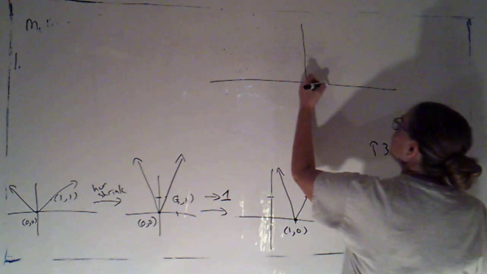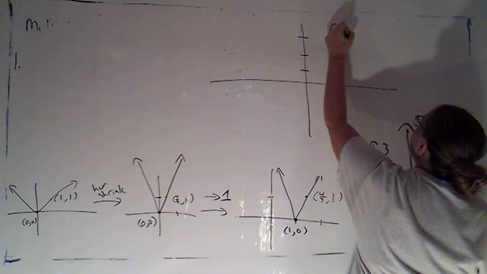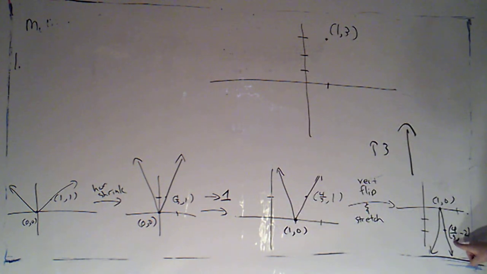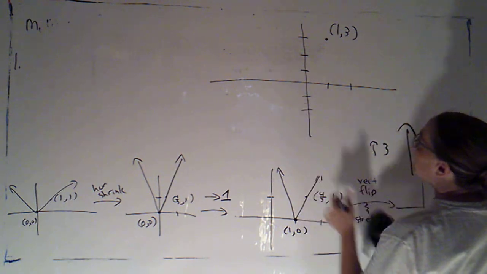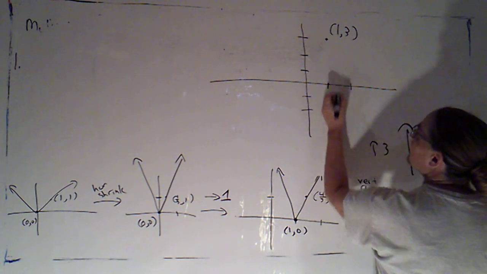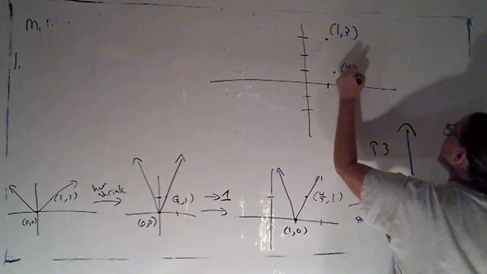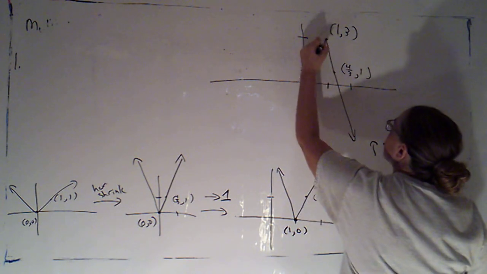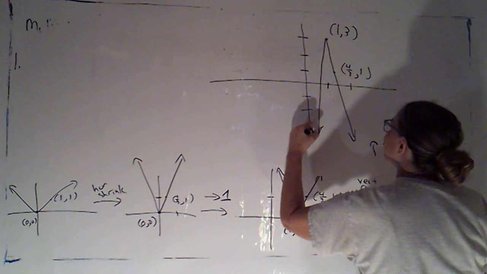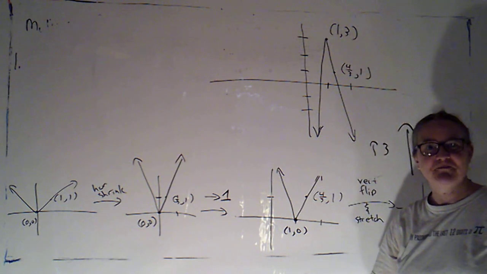So the vertex, instead of being at (1, 0), is now going to be at (1, 3). And this point was at (4/3, -2). Well, if I add 3 to that, that's going to bring it up to (4/3, 1). So we've got this skinny upside down V with a vertex at (1, 3).